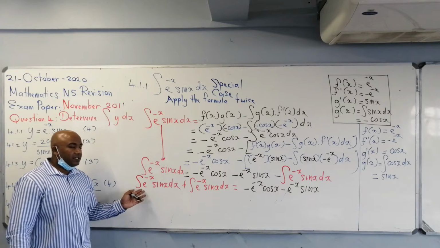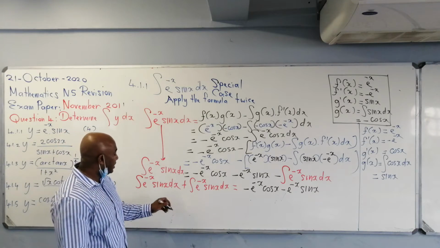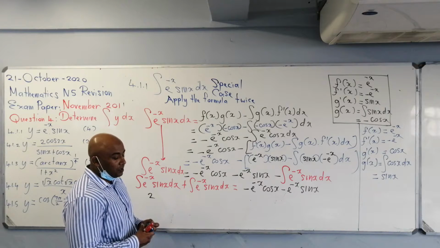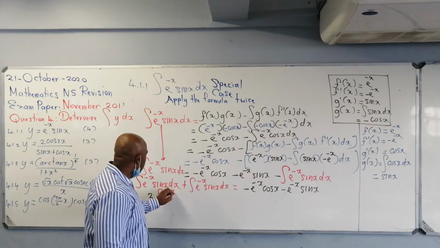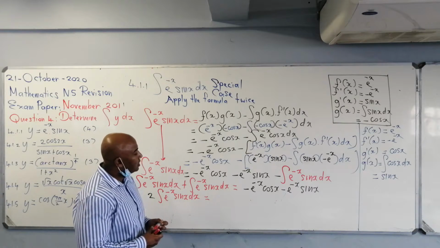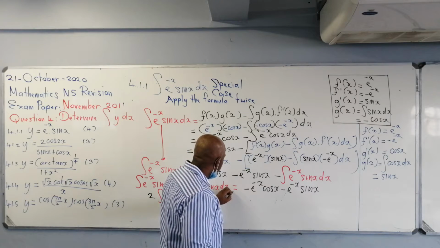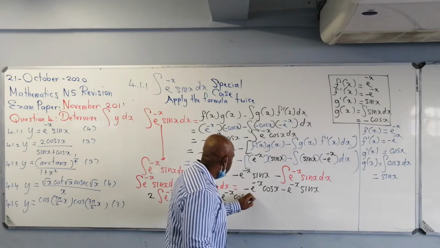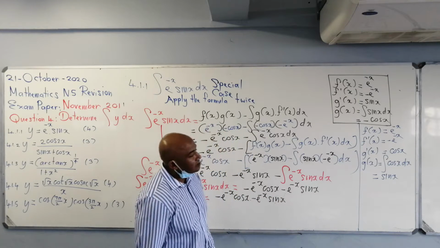So now all we do is add up these two like terms. There's a 1 and a 1 there, which gives me 2 times the integral of e to the power minus x sin x dx, is equal to what we have on the right there, minus e to the power minus x cos x minus e to the power minus x sin x.